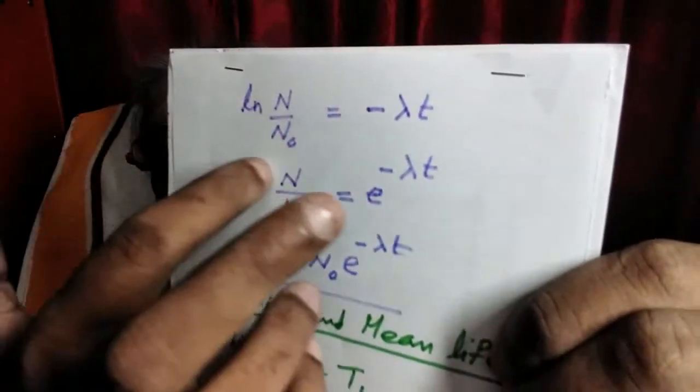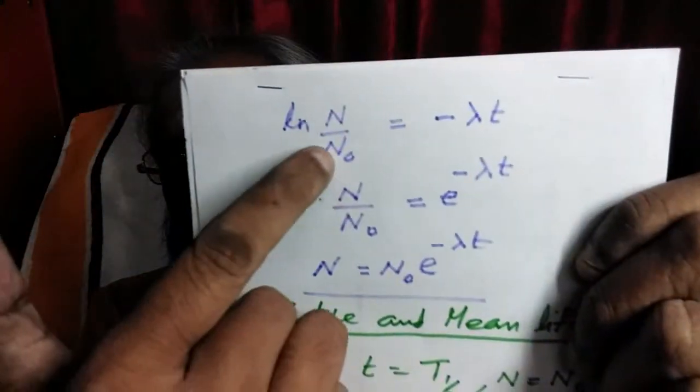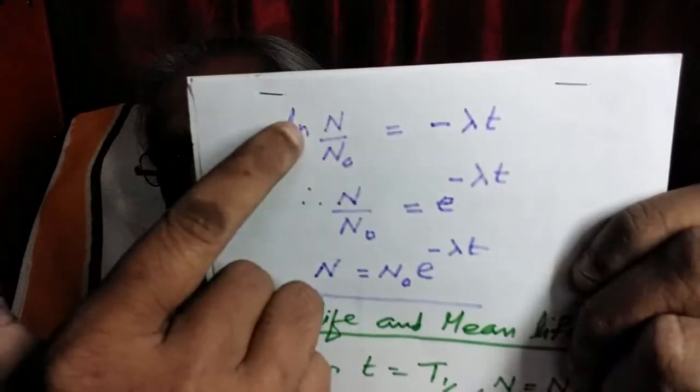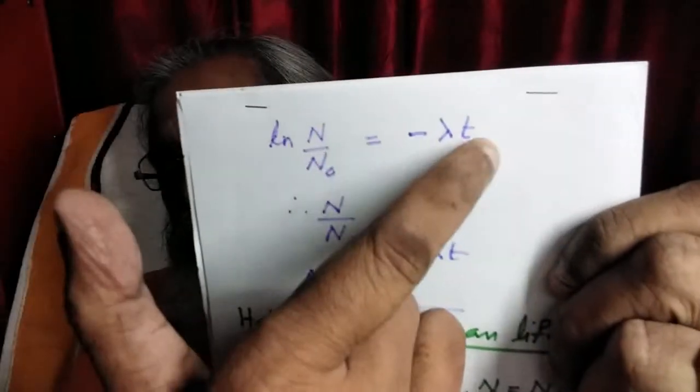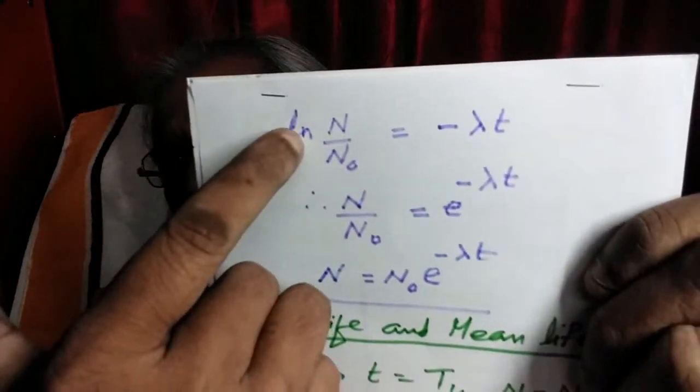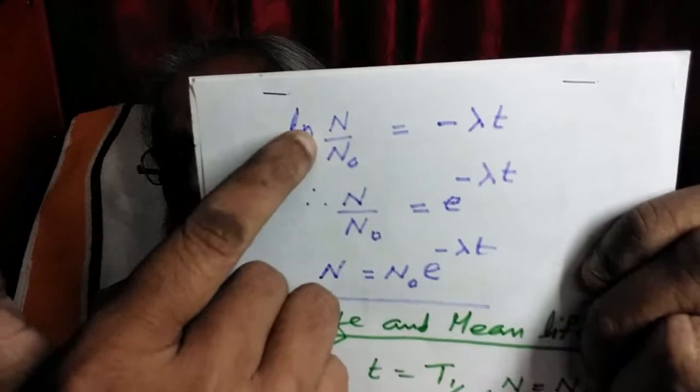You can rewrite this in the exponential form. For example, 8 is 2 raised to 3. That means the index 3 is the logarithm of 8 when the base is 2. That's the meaning of that. Here, this is a natural logarithm, that means the base is e.